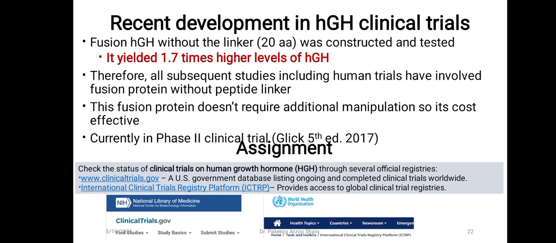Then the second registry is the International Clinical Trial Registry Platform, ICTRP. It also provides access to the global clinical trial registries. I have also given the opening page which you are going to see when you search for these sites. Okay. The assignment is that you have to look for where the clinical trials for human growth hormones stand in 2025, whether they have been completed, whether they have been approved, or whether they are still under investigation.